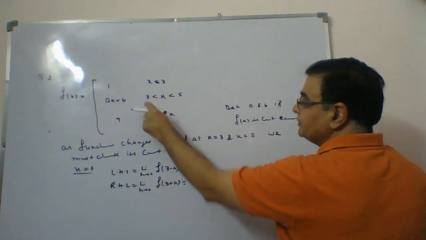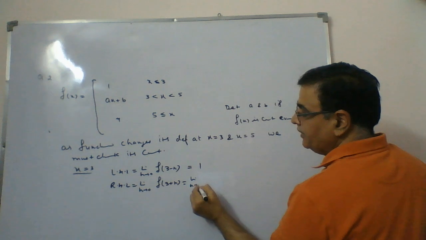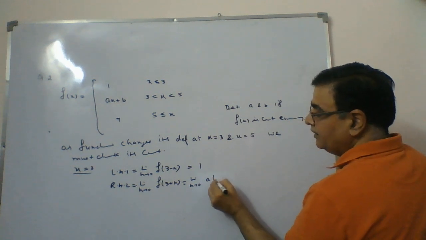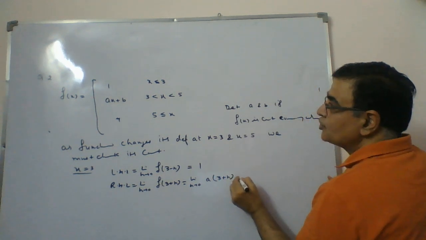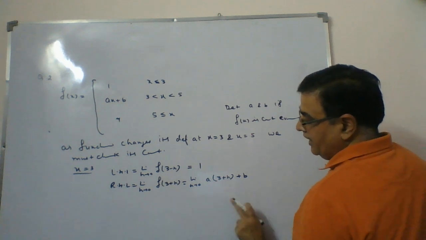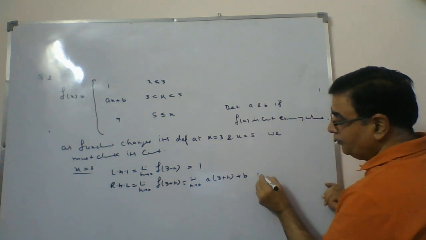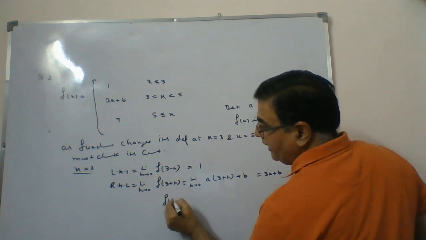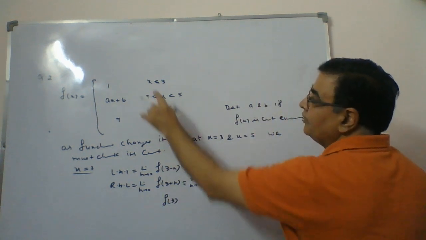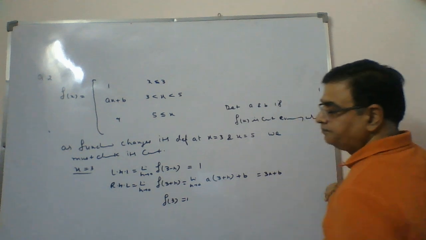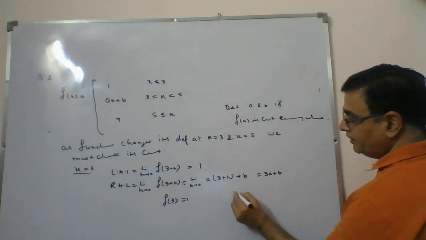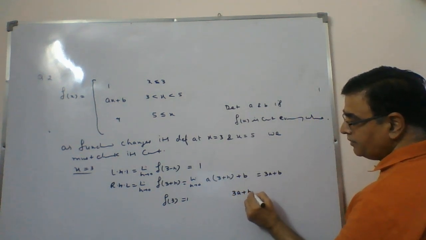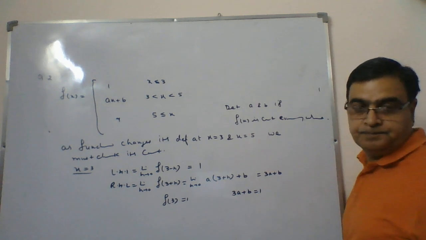So we will say limit h approaches 0, a(3 plus h) plus b. And when h goes towards 0, it will be 3a plus b. And then we go for f(3). f(3) is taken as 1.